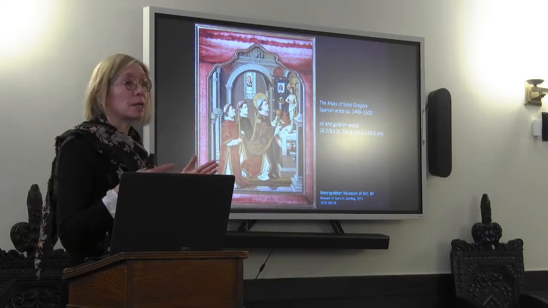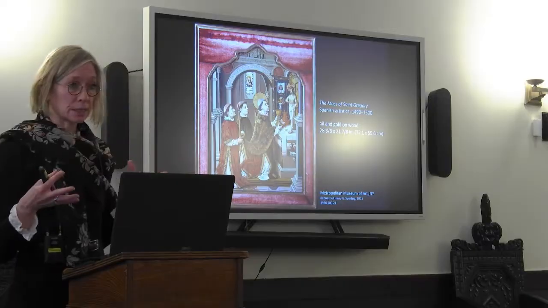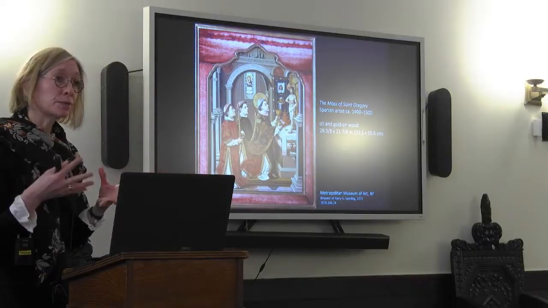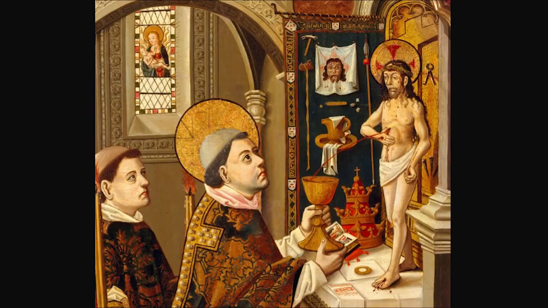And images began to develop that expanded on the legend as it is recorded in some literary texts to develop quite elaborate imaginings of what Gregory actually experienced at the altar during the celebration of that Eucharist. And relatively standard iconographies develop, even though artistic imagination can go wild in terms of the attention to detail.